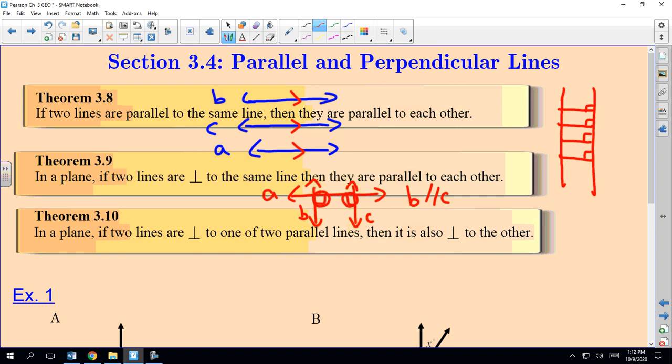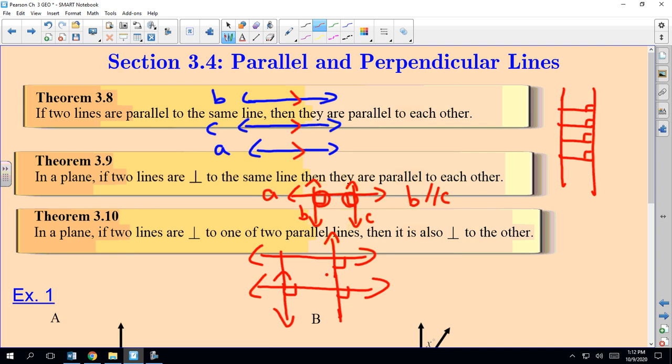Theorem 3.10 says in a plane, if two lines are perpendicular to one of two parallel lines, so here's a parallel line, here's another parallel line, and it says if two lines are perpendicular to just one of them, so let's say it just hits one of these at a right angle right here, but the line continues through in that same fashion, it's going to also be perpendicular to the other.